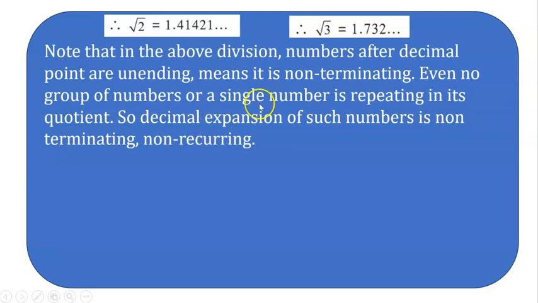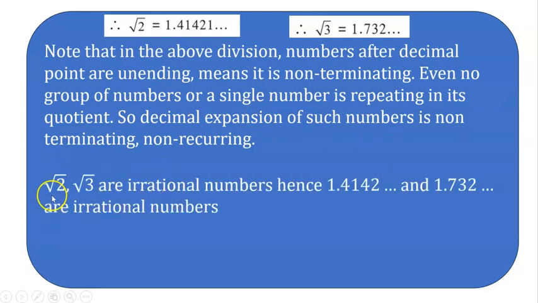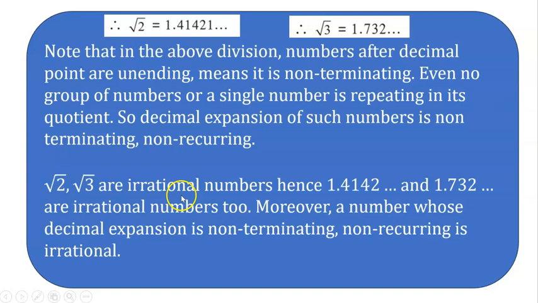So the decimal expansion of such numbers is non-terminating, non-recurring. Okay. Root 2, root 3 are irrational numbers. Hence 1.4142 dash dash and 1.732 dash dash are irrational numbers too. Moreover, a number whose decimal expansion is non-terminating, non-recurring is irrational.